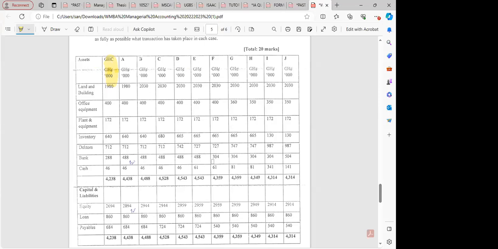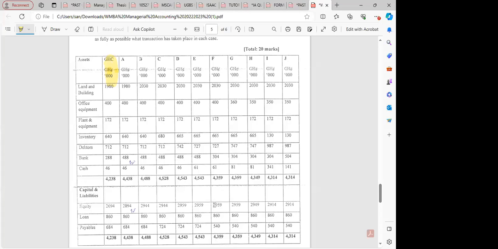Bank has gone down. By how much? 184, right? The difference is 184. If you have your calculators, you can also be checking. Bank has gone down by 184,000. Cash is the same.